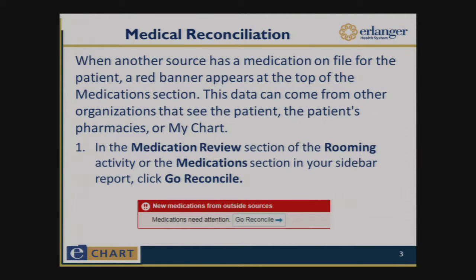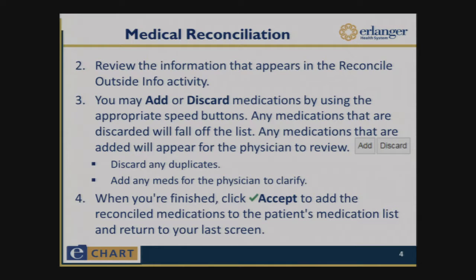So you will just click the button with the blue arrow that says Go Reconcile. Is everyone familiar with that? You probably see it quite often. Okay, so then you would review the information that appears in the Reconcile Outside Info activity. You may add or discard medications by using the appropriate speed buttons, and they look like these right here.